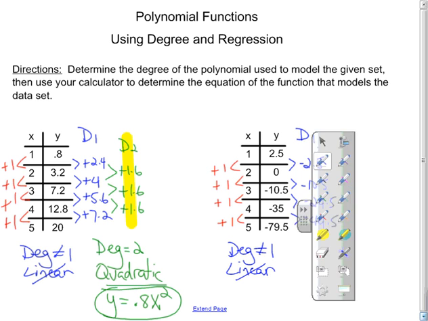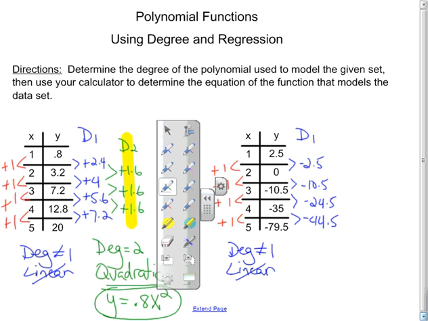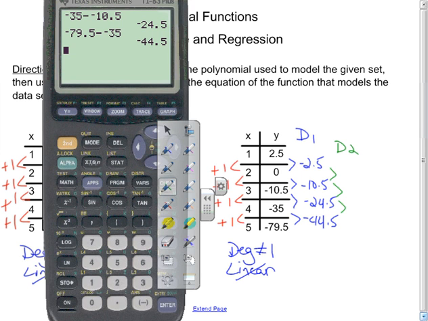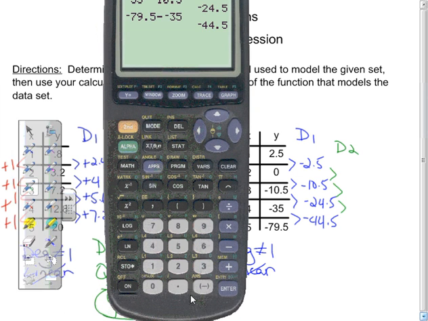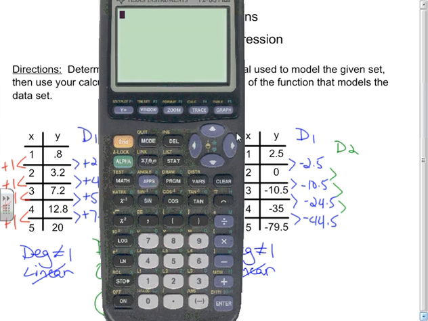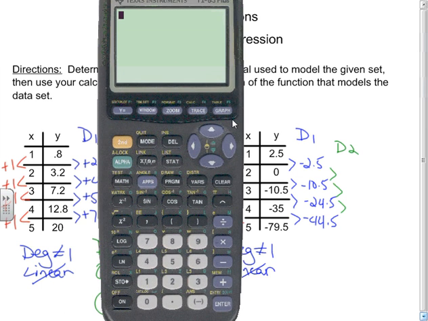Okay? But I will continue on and try to observe the second order differences. Again, with the help of my calculator, just to give some precision amongst these decimals and negative signs, I've got negative 10.5 minus negative 2.5, which is a difference of negative 8. Negative 24.5 minus negative 10.5 is a difference of negative 14.